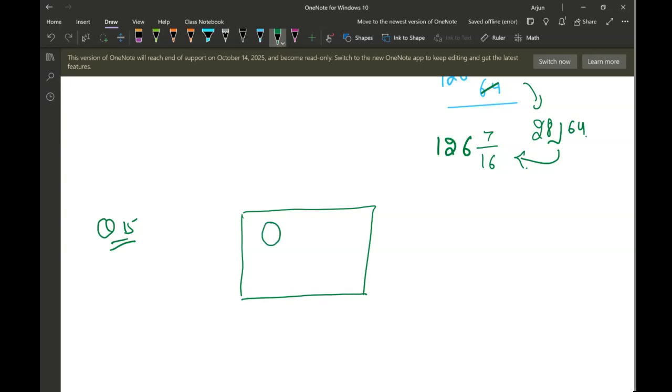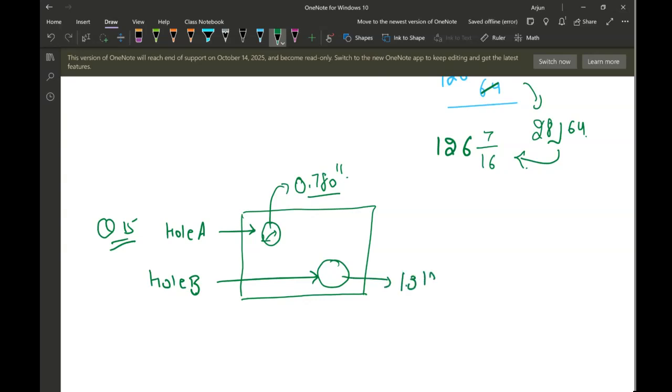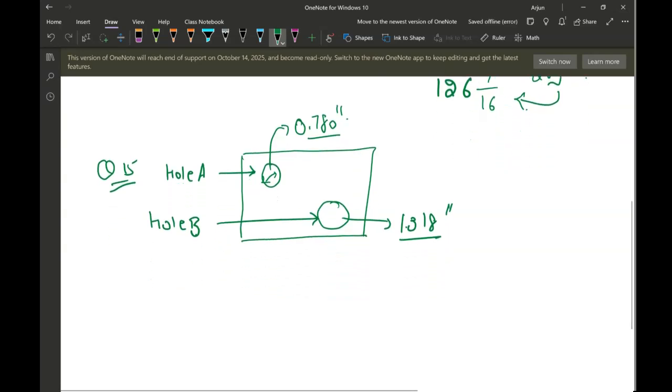On this plate there are two holes, hole A and hole B. Hole A has a diameter of 0.780 inches, and hole B must be drilled to a minimum diameter of 1.318 inches. All the twist drills are 32nds of an inch.